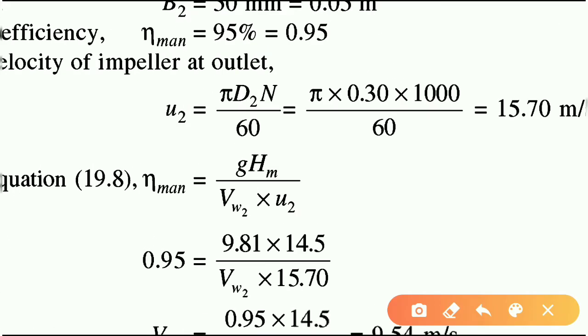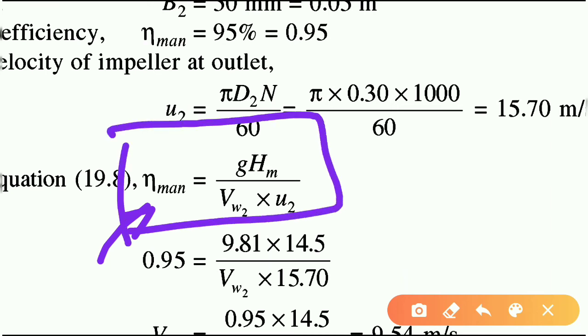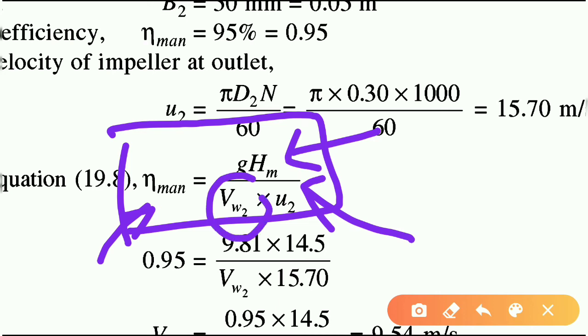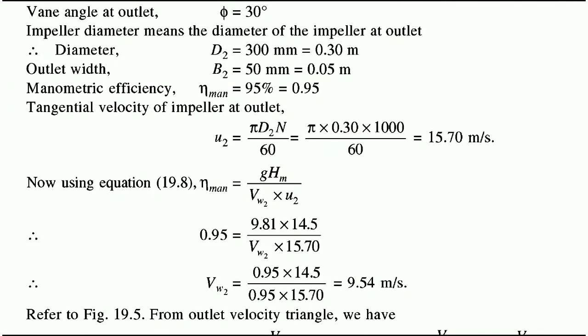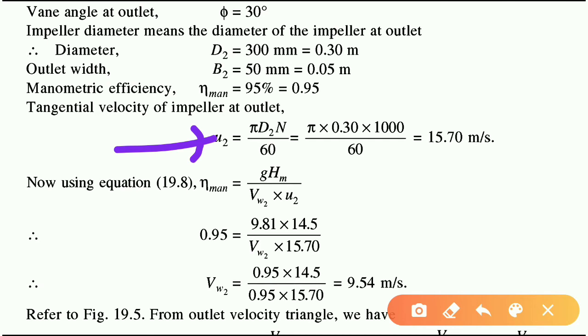We know the manometric efficiency is 0.95 in this case, and its formula is g multiplied by Hm divided by Vw2 u2. Here manometric efficiency is known, head is also known, u2 is also known, so we can easily find this Vw2. By using this Vw2 value we can find out Vf2, and using this Vf2 we can find out the discharge.